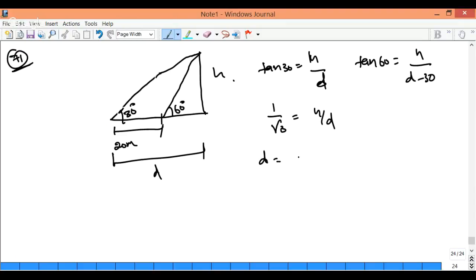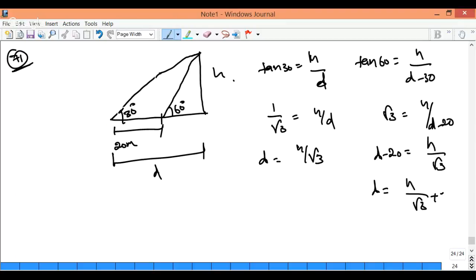D is equal to h root 3. Root 3 is equal to h by d minus 20. D minus 20 is equal to h by root 3. D is equal to h by root 3 plus 20.